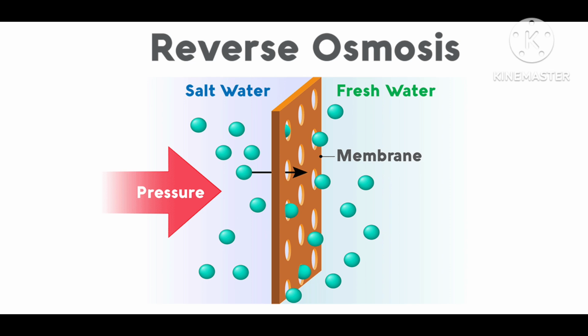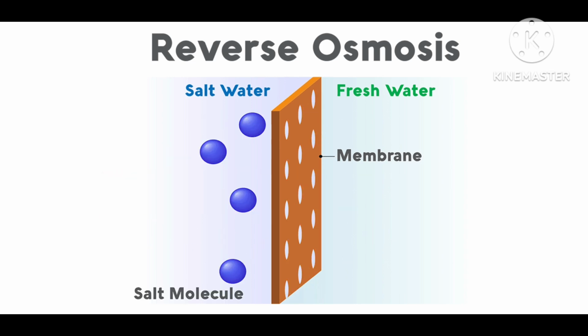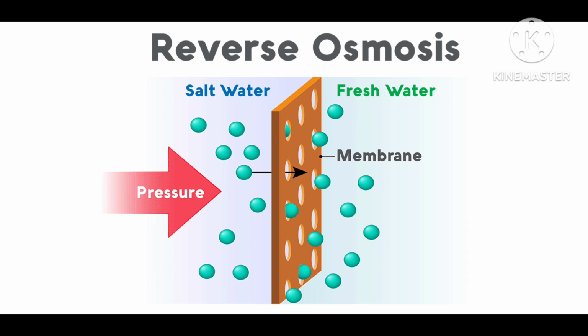Okay, then you can make big tanks. On one side you just keep salty water from the sea or ocean. On the other side, just to start the process, you can keep some pure water.